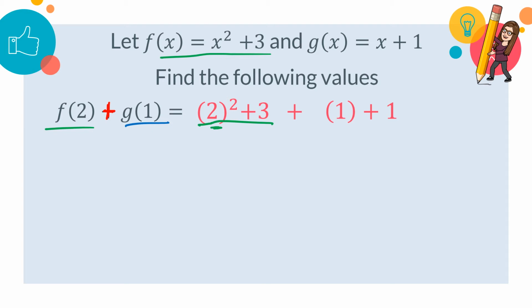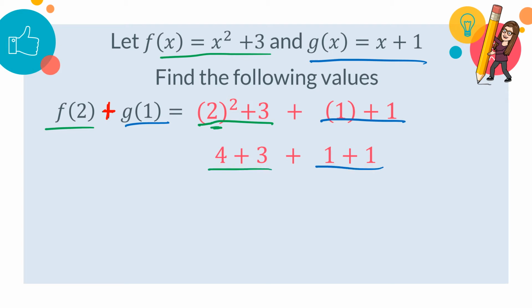The blue rule says g plug in 1. G plug in 1. So we're going to calculate the green and the blue functions separately. 2 squared. I'm going to bring down this 1 plus 1. That would get me to a 7. This would get me to a 2. And if I add them together, that is how I got my final answer.